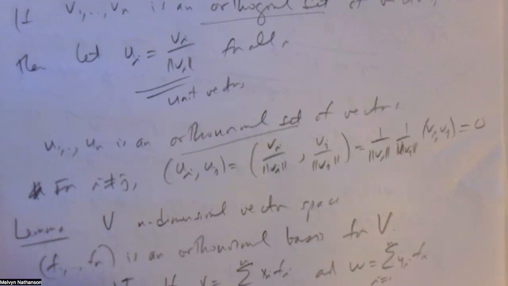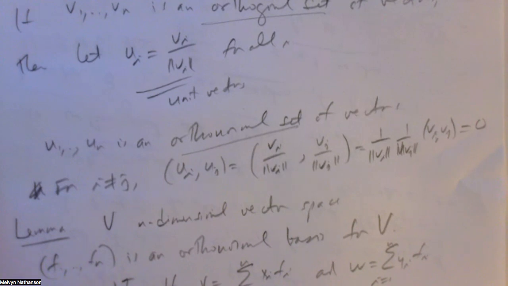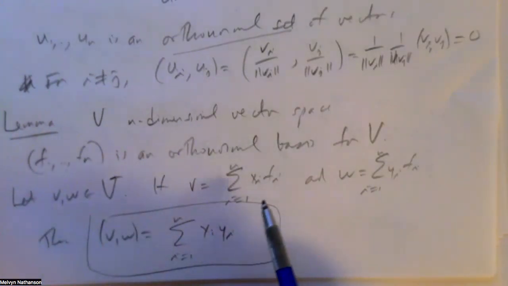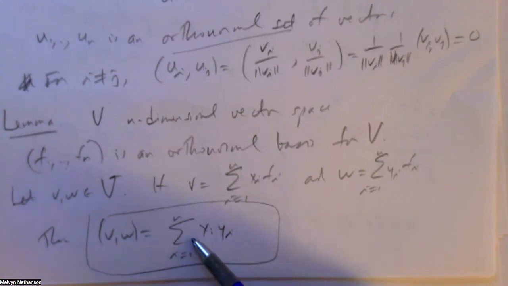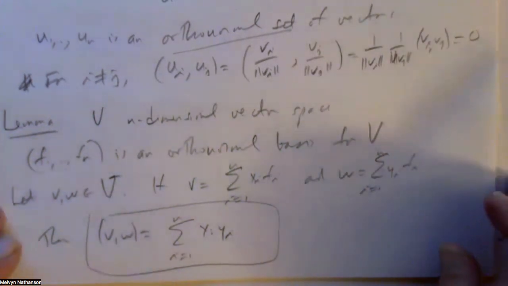It's summation xi yi, i goes from 1 up to n. So this is a very natural formula for the inner product of two vectors if you know their coordinates with respect to an orthonormal basis.